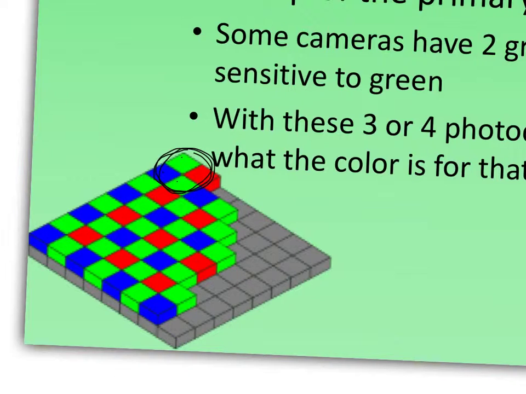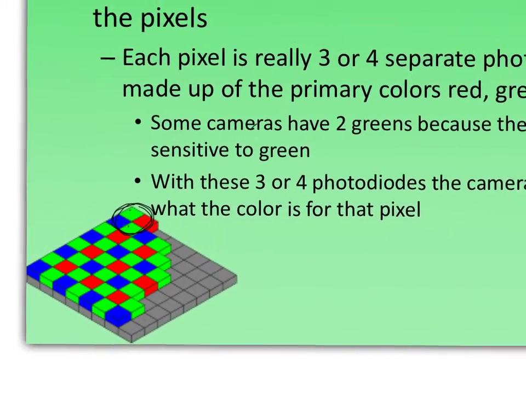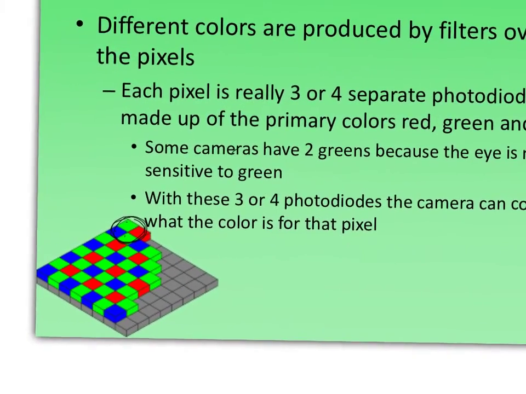So you have 4 photodiodes here. 2 of them have green filters over them, 1 of them has a red filter, 1 of them has a blue filter. The blue one only lets blue light through, the red one only lets red light through, the green ones only allow green light through.